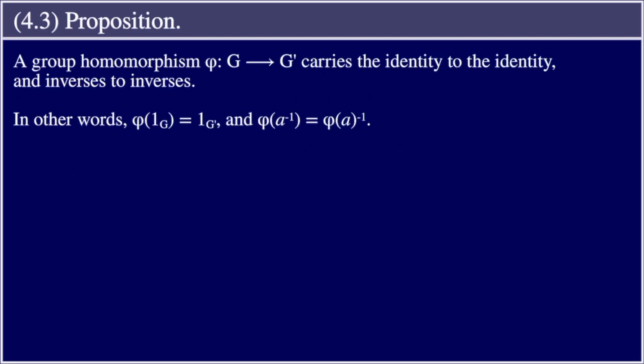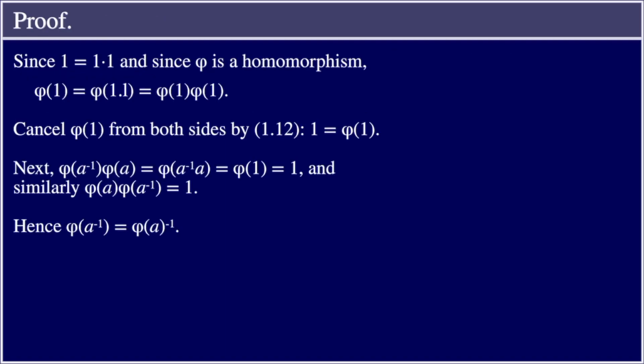4.3 Proposition. A group homomorphism φ mapping G to G' carries the identity to the identity and inverses to inverses. In other words, φ maps the identity of G to the identity of G', and φ(a^-1) = φ(a)^-1. Proof.